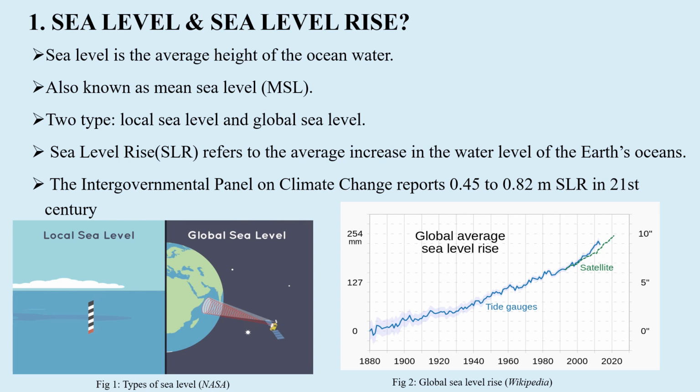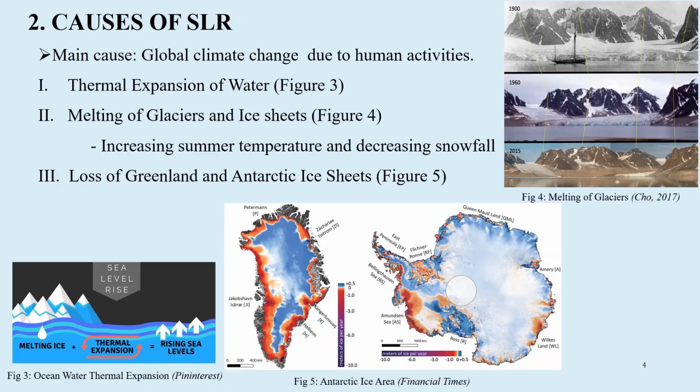Figure 2 also indicates a similar trend. Here we can see that from the year 2080, the slope of the global sea level rise is steeper than in the previous centuries, from which we can say that sea level will increase in the future.